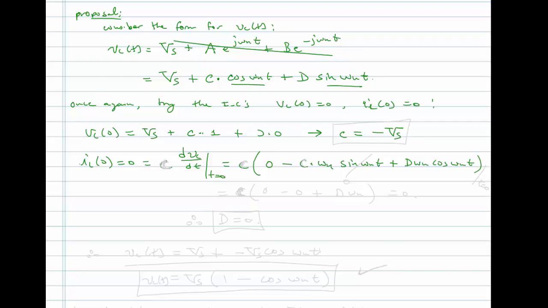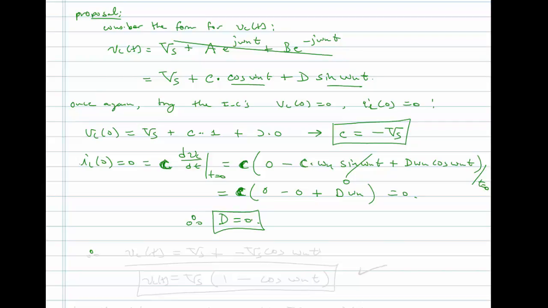We're going to plug in time equals 0. I shouldn't have used c here, since C is the capacitor. I'm double using C. Anyway, this term goes to 0, so fortunately we don't need it. So we get 0 minus 0 plus d omega n is equal to 0. Therefore, we have d is equal to 0 as well.